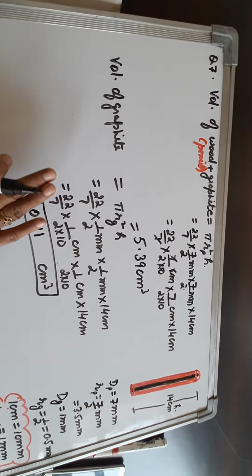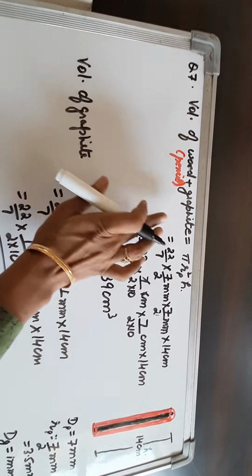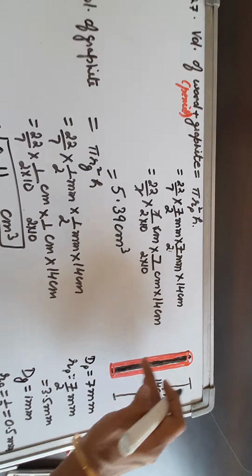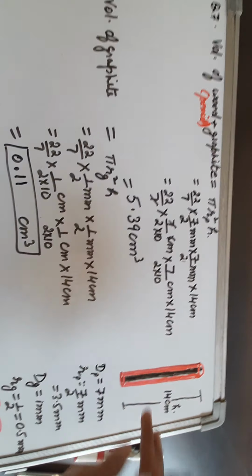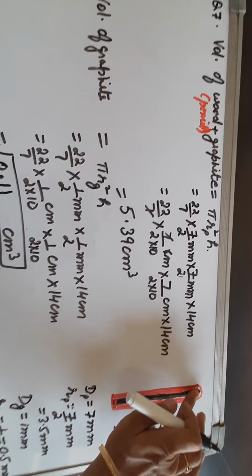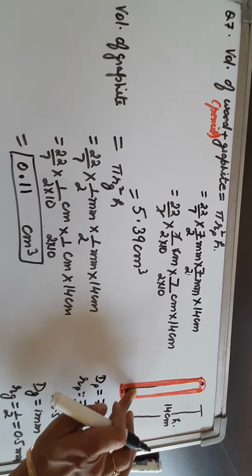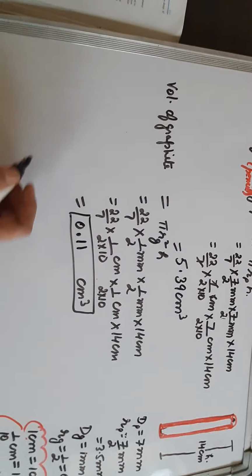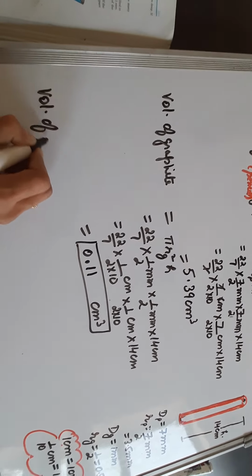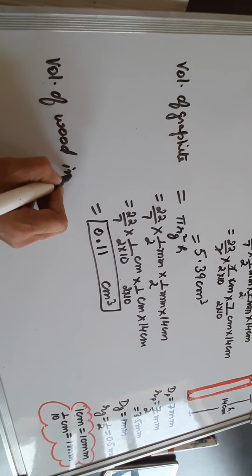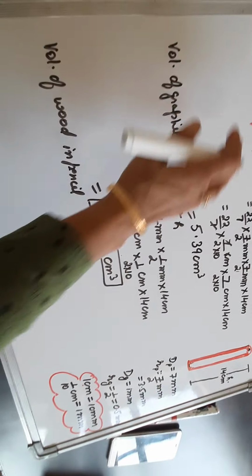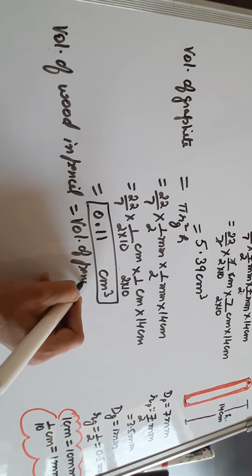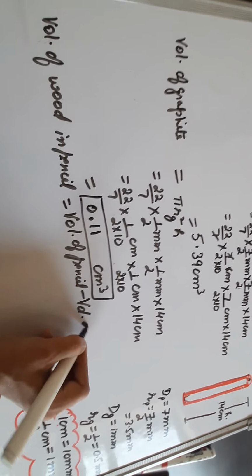But now we need to find the volume of only wood, and pencil volume means the combination of wood and graphite. So what can we do? If I subtract the graphite portion from the volume of this whole pencil, then if I remove this graphite portion, we are left with only wood. So the volume of wood in the pencil will be volume of pencil minus volume of graphite.